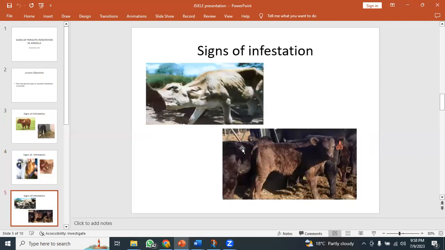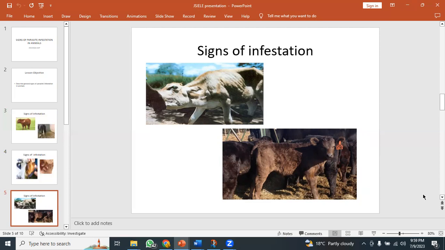We move on to the next slide. There are pictures as well. The first picture, can you see? Emaciated animal. Yes, you can see an animal whose body doesn't look very okay. So it's emaciated, or we can call it a poor body condition. How about the lower picture? Just study the skin of that animal properly and conclude on how it looks.